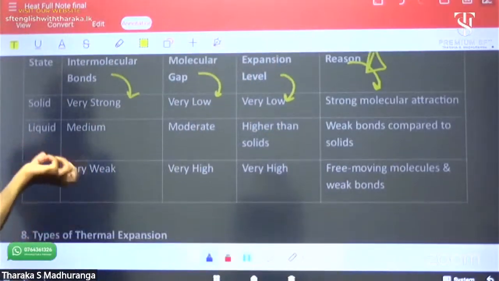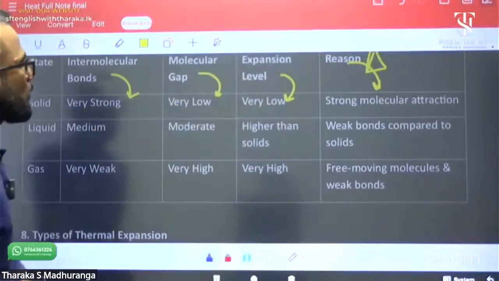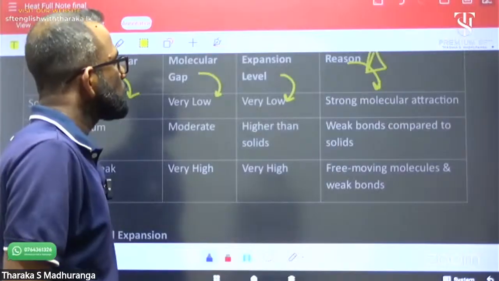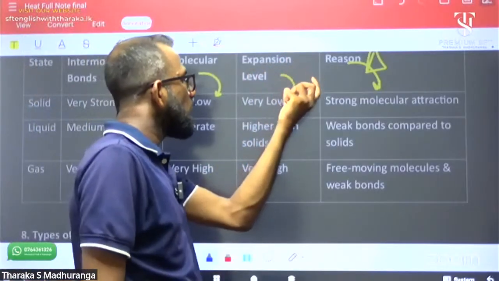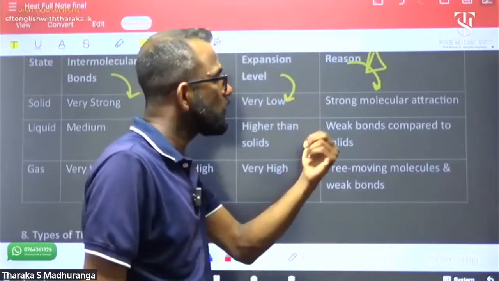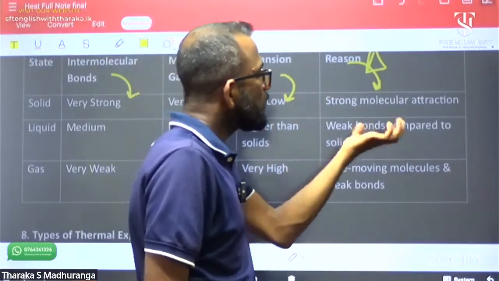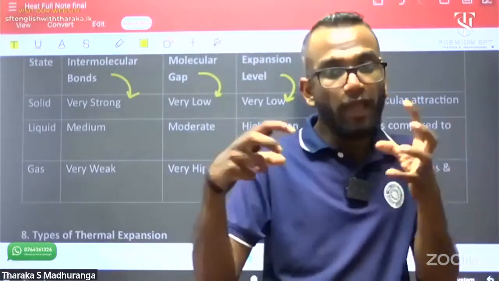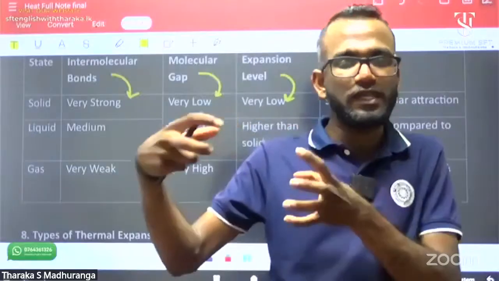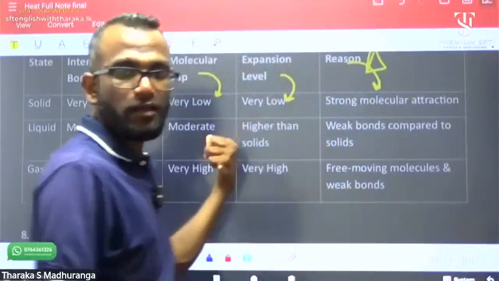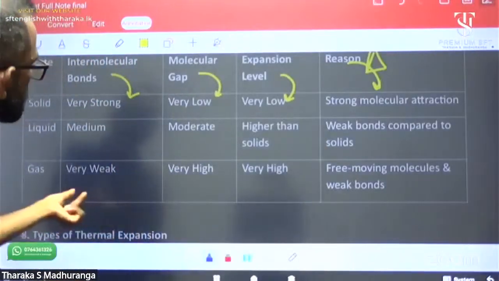If you have liquid, they have medium level intermolecular bonds and medium level intermolecular spaces, and expansion ability higher than solid. Yes, it is greater than solid. The reason is weak bonds compared to solid. It is not highly compacted like solid, right?